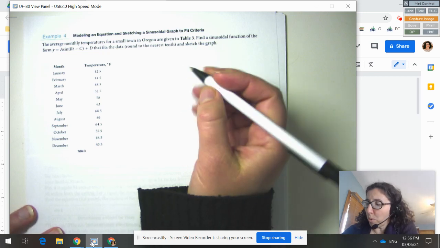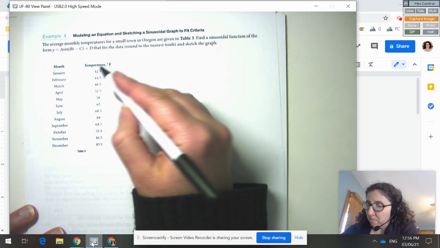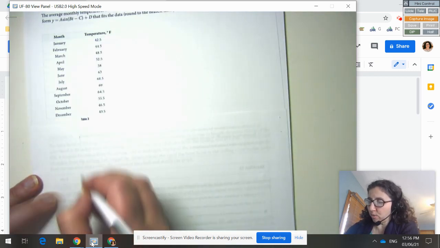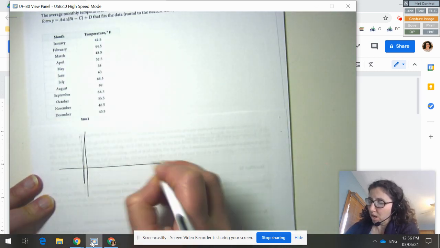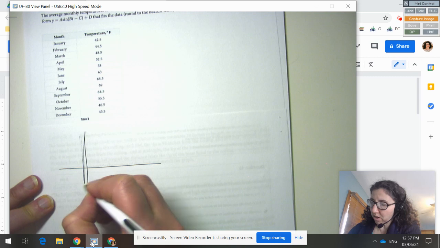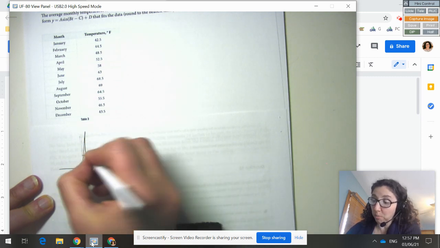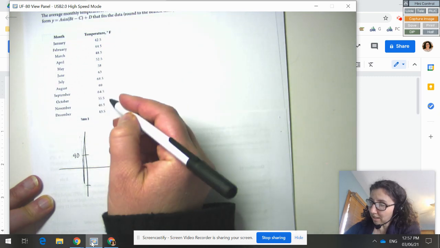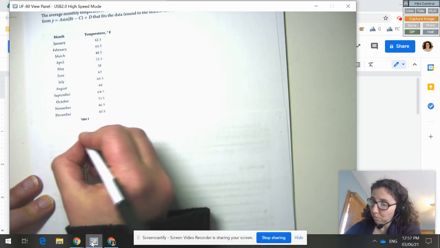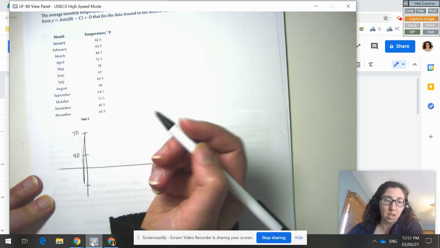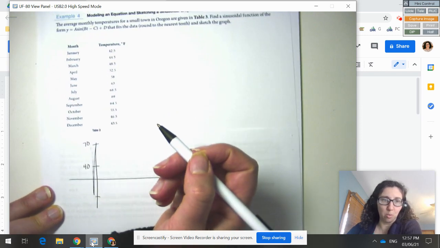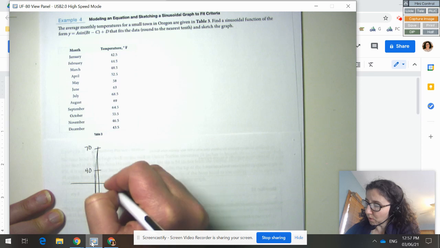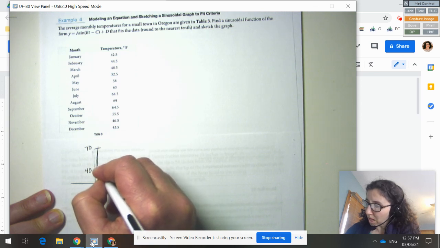So let's see, where do we want to start here? Let's just get a rough idea of what this is going to look like. In January, we're down here, so we're actually up here, right? If this is 40, it looks like the highest it gets is between 40 and 70. Right, it's Oregon, so it never gets especially warm. So we're going to start here. This is January.